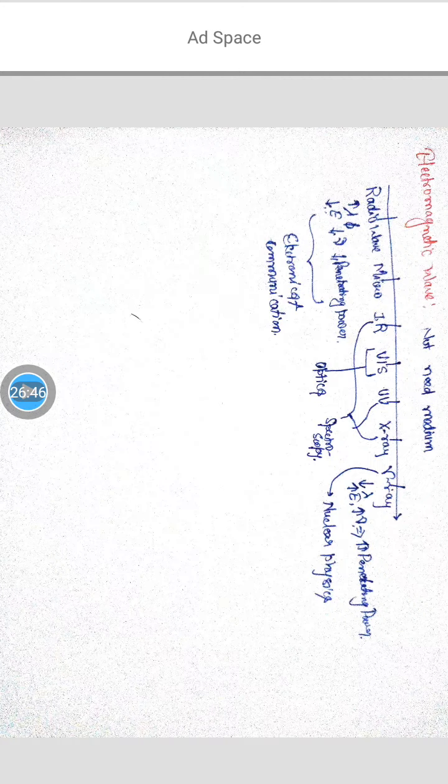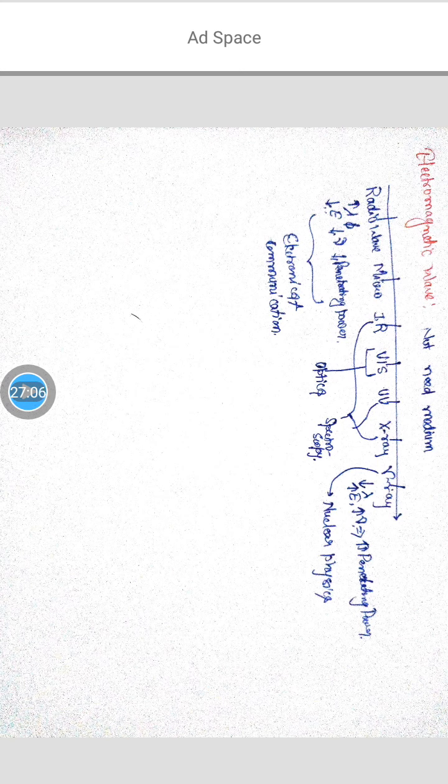So I left you the electromagnetic wave. This is the spectrum of electromagnetic waves: radio wave, microwave, IR, visible, ultraviolet, X-ray, and gamma.